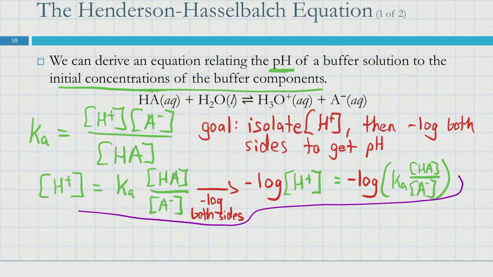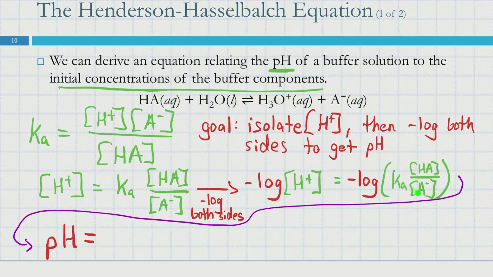And we'll swoosh all the way back over to the left side. This negative log of H plus turns into pH. So we've got pH like we wanted. And we have a bit of a mess inside of our log on the right side.